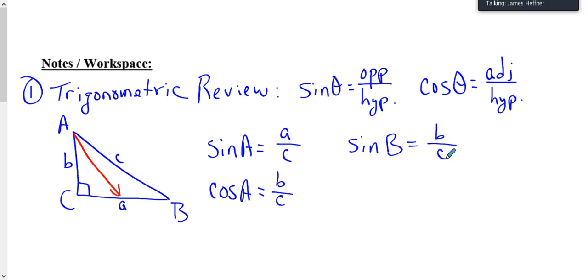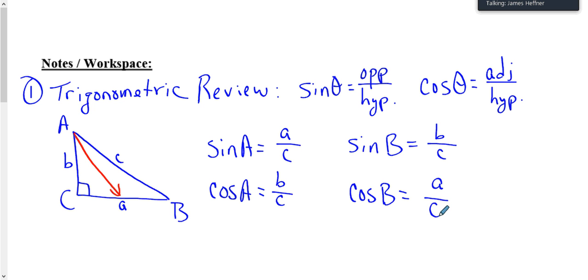Yep. And the cosine of angle B is what over what? What side is adjacent to angle B, next to it? A, right. A over c. C also is, but it's not the adjacent. We call that the hypotenuse, right? So it's A over c, right?